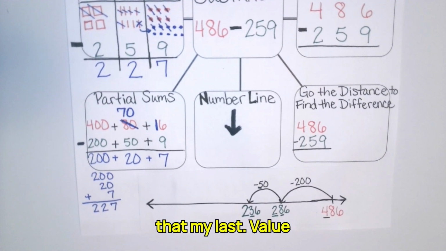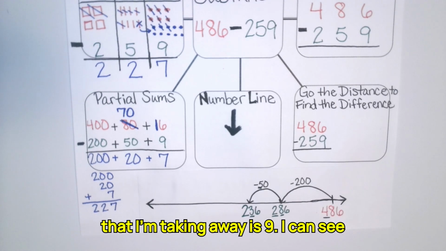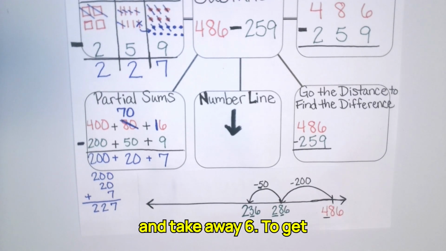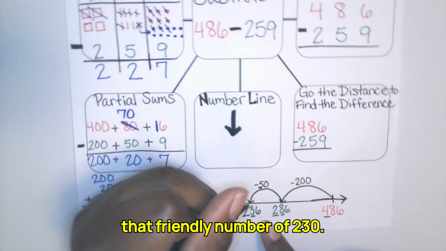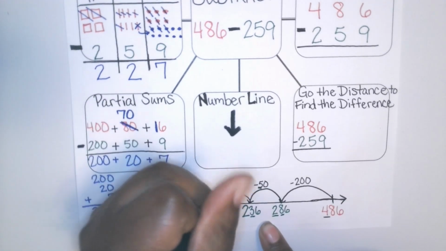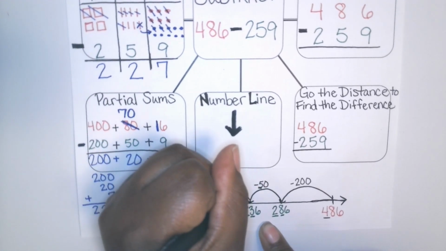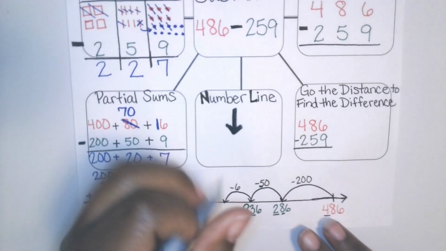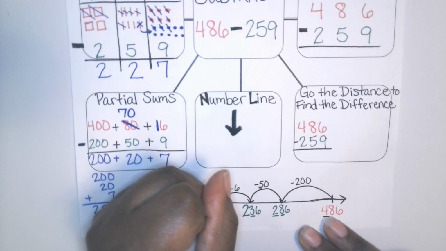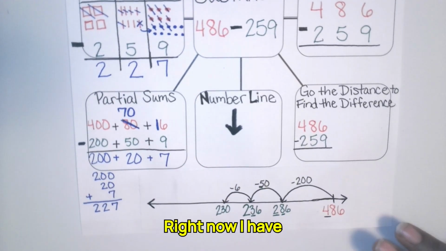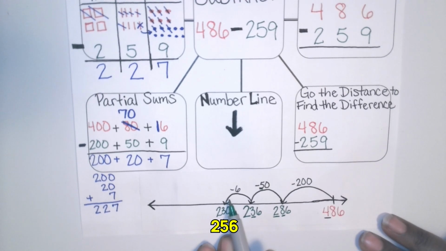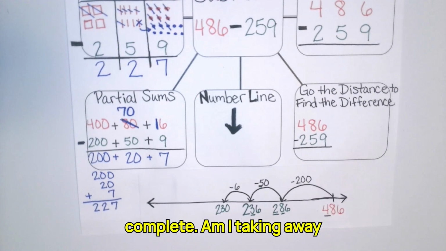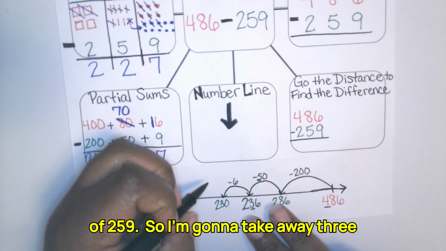Okay, now again, as I did with addition, I would get to a friendly number. I know that my last value that I'm taking away is 9. I can see I'm at 236, so I'm just going to go ahead and take away 6 to get that friendly number of 230. Right now I have 256, so I need 3 more to complete my taking away of 259.